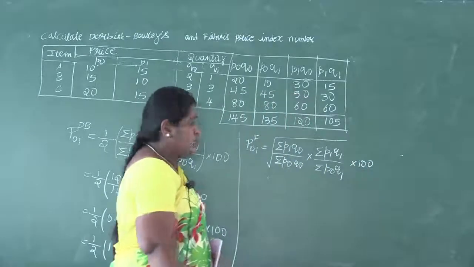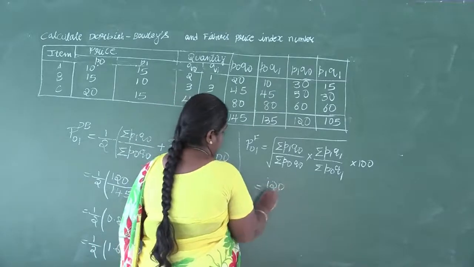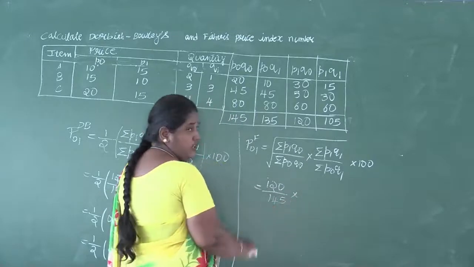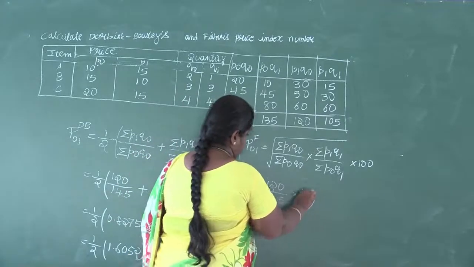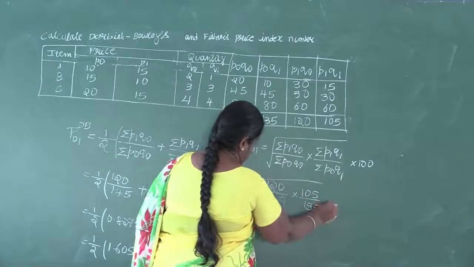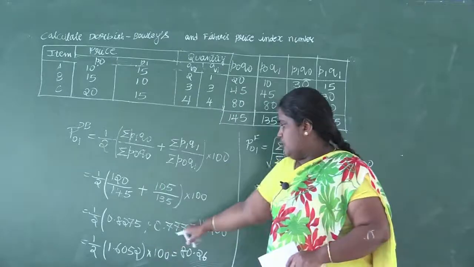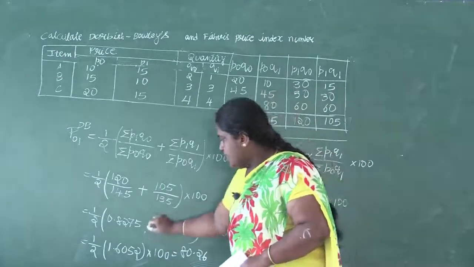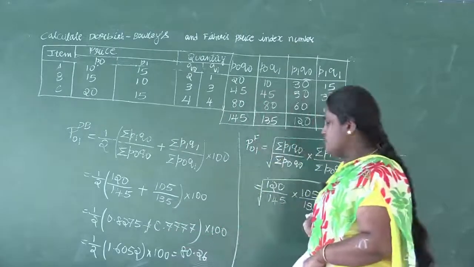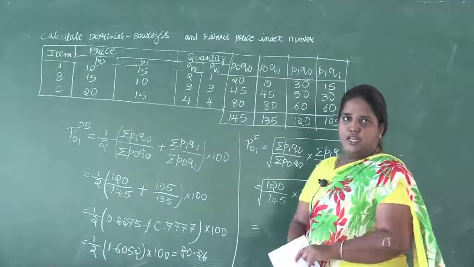Now substitute in this. P1 Q0 is 120 divided by 145 into P1 Q1 is 105 and P0 Q1 is 135. In the previous one in Dorbish-Bowley we added, here we have to just multiply, but I'll be using the other method so that I won't get any point variation.